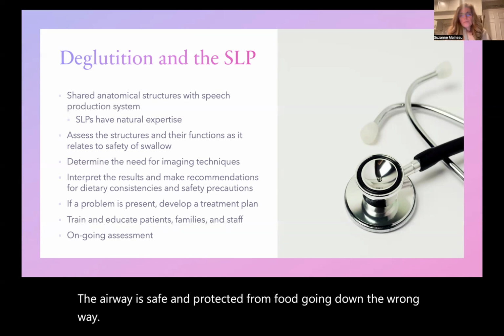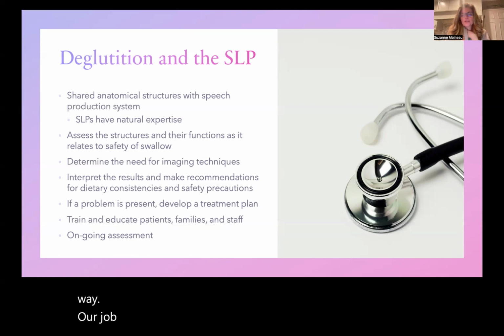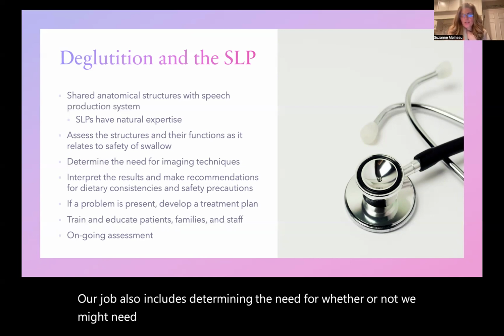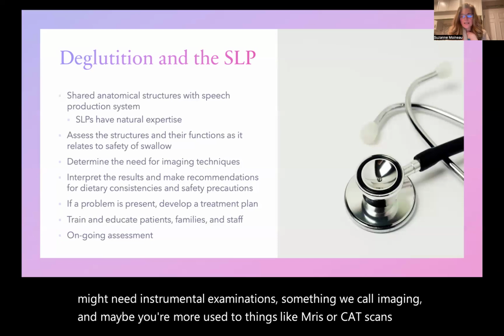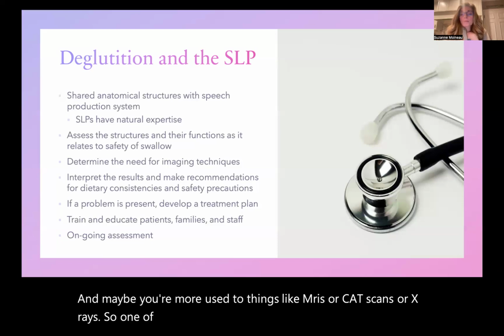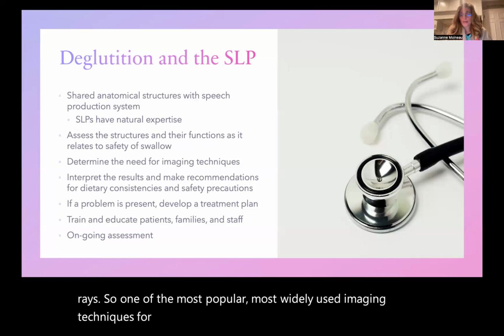Our job also includes determining whether or not we might need instrumental examinations, something we call imaging. And maybe you're more used to things like MRIs or CAT scans or X-rays. So one of the most popular, most widely used imaging techniques for swallowing is an X-ray. We call it fluoroscopy.